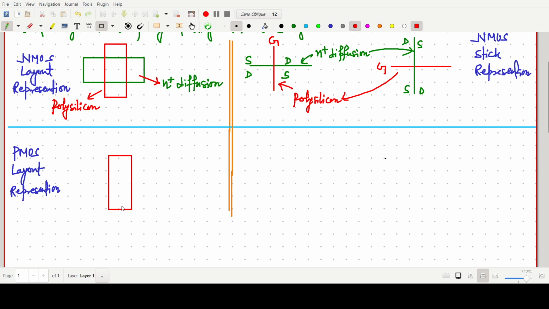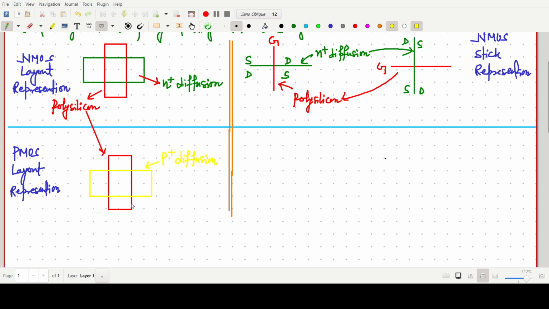So I'm making one polysilicon, and P plus diffusion region having the yellow color, so it should be like this. So again, this one is your polysilicon, and this yellow one is our P plus diffusion.